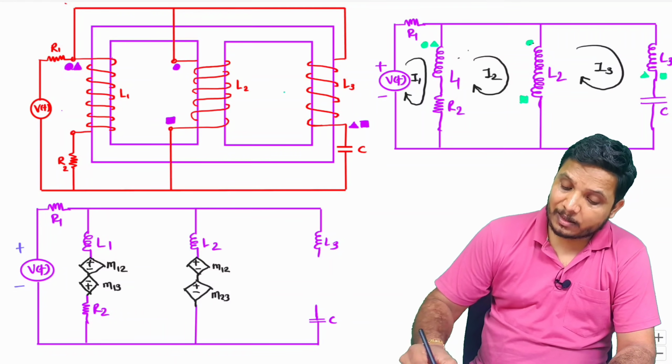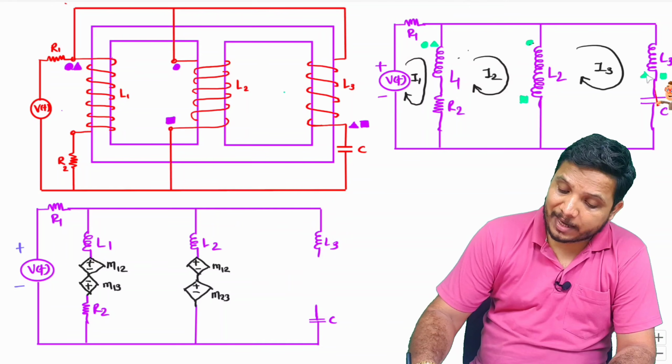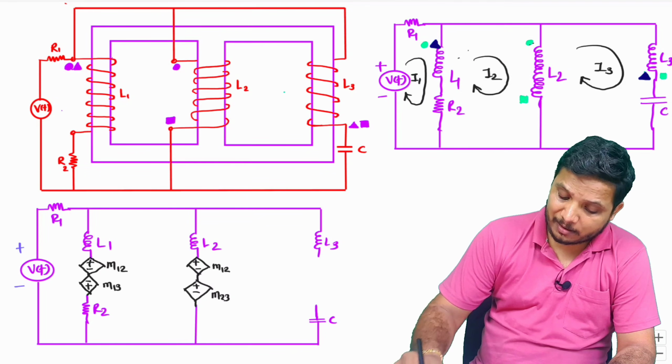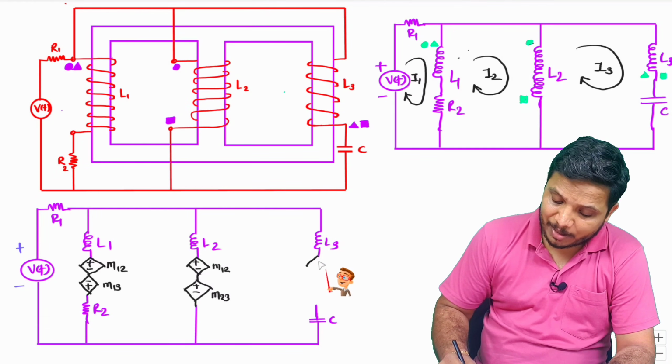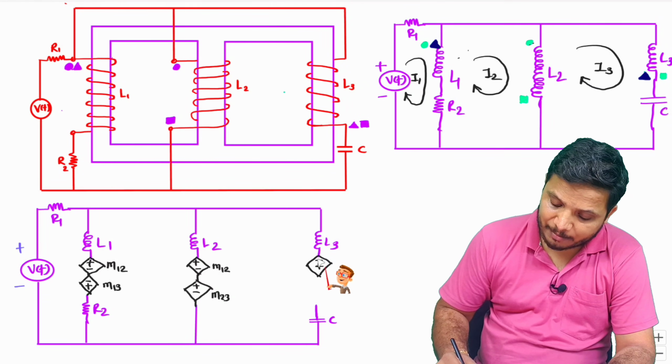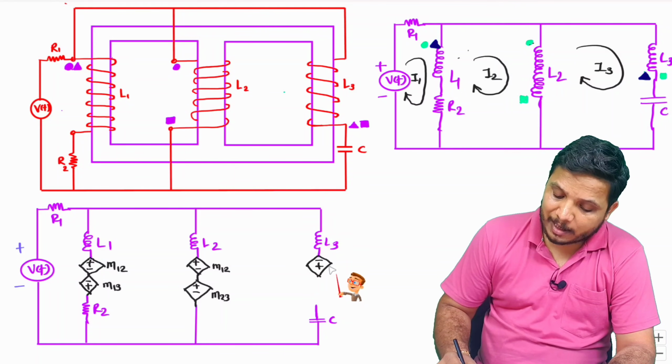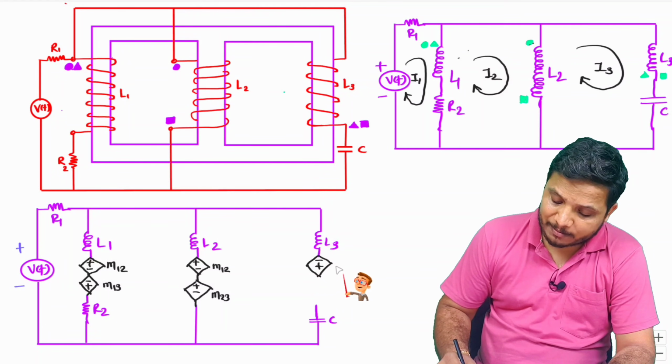Now with L3 we have the triangle and it is associated with L1 also. L1 has current entering and L3 has current leaving, so polarity will be minus plus. So leaving and entering means minus plus, or entering and leaving is minus plus, and if both are the same then plus minus.